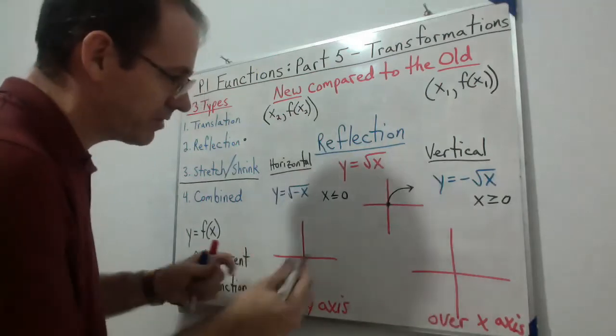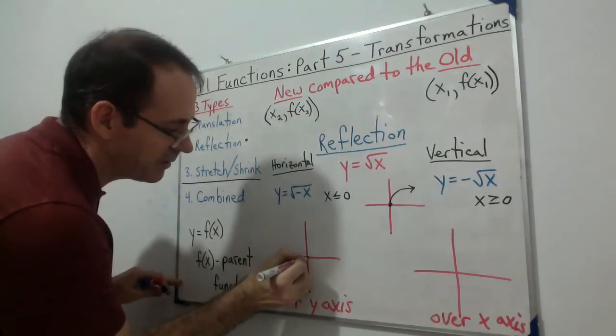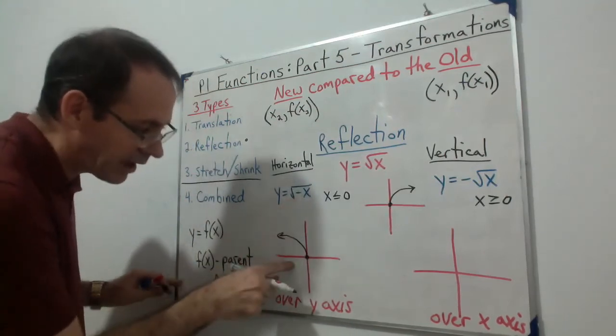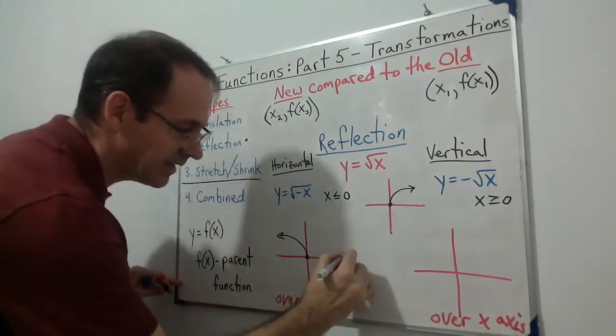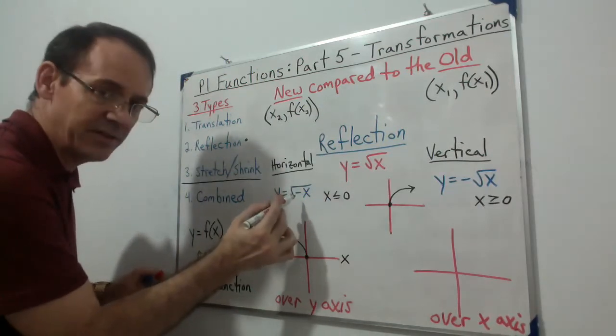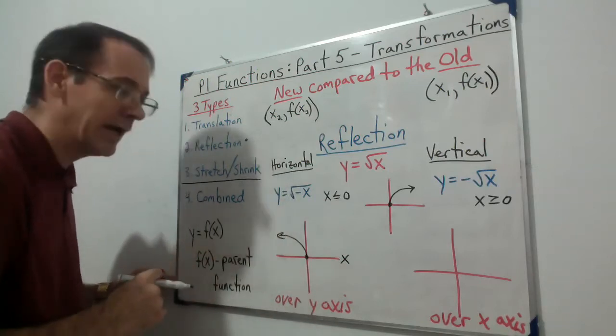So what this means is this is going to flip over the y-axis. This is going to make our graph go this way. Notice our x values are now negative. Our x-axis, we're moving in the negative x values, which gives us positive in the root and a positive value for y.